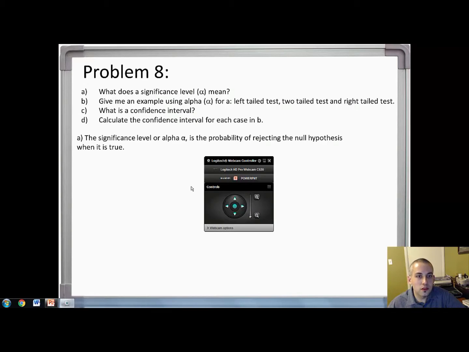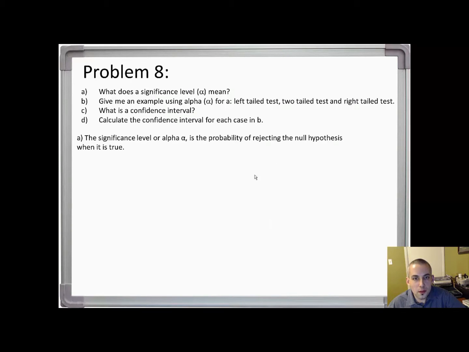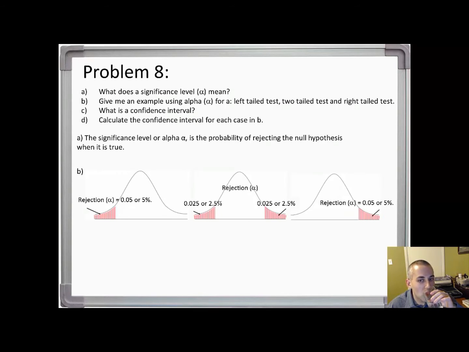The significance level, or alpha, is the probability of rejecting the null hypothesis when it is true. So give me an example using alpha for left-tailed test, two-tailed test, and right-tailed test. So the standard alpha typically used within research experiments is 0.05 or 5%.